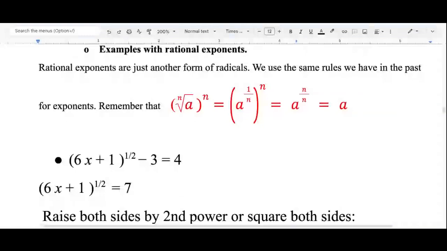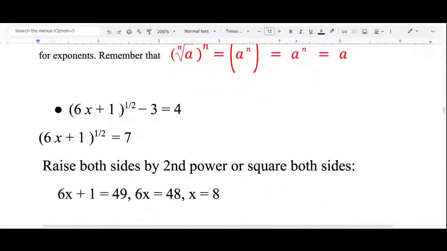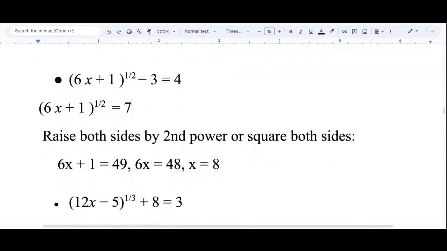Okay. Sometimes we have radical signs in fraction exponent form. Let's see this. Square root of 6x plus 1 can be written as 6x plus 1 raised to the half, minus 3 equals 4. First, we move negative 3 to the other side. So 4 plus 3 becomes 7.